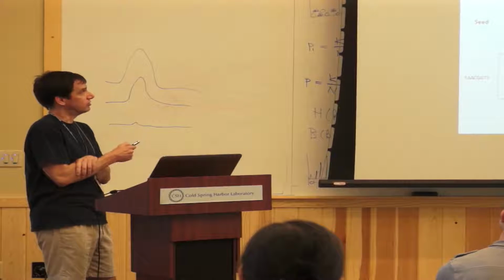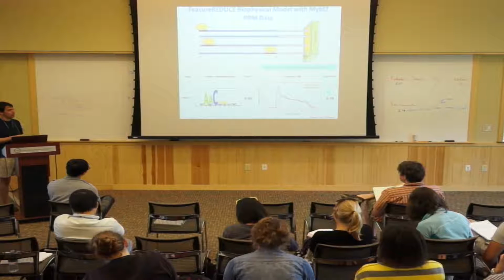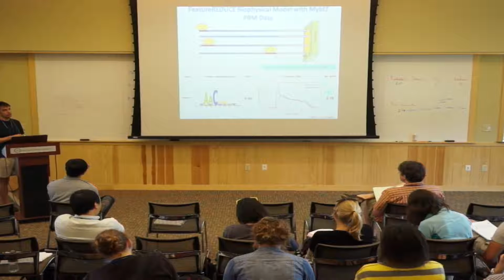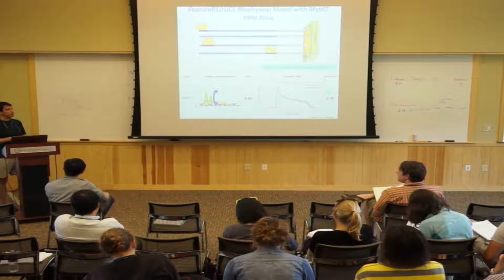It's only the binding that occurs at the free end that's dominating your affinity parameters. So if this occupancy bias profile for a particular protein is more uniform, then you see very little change in the affinity parameters.